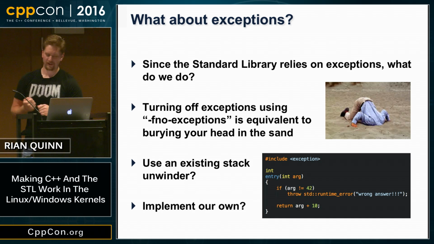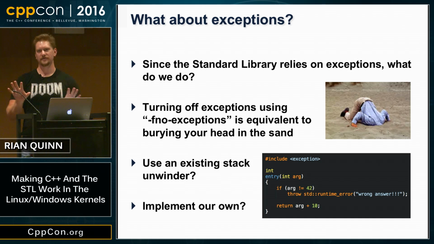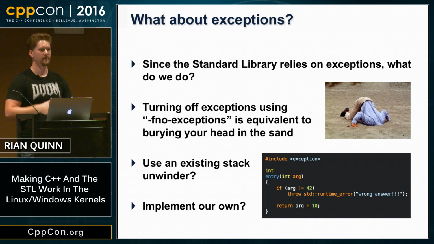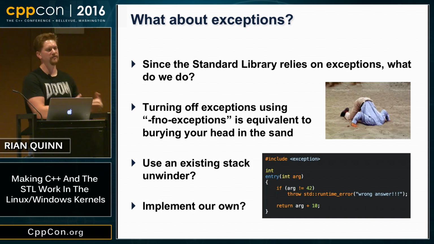The second thing is that the STL is designed to use exceptions. Now, I understand you can pass the no exceptions flag and then supposedly exceptions are turned off, but in a lot of cases, yes, they're turned off, but you don't get the error because the API wasn't designed to alternatively give you an error code, so it just fails.